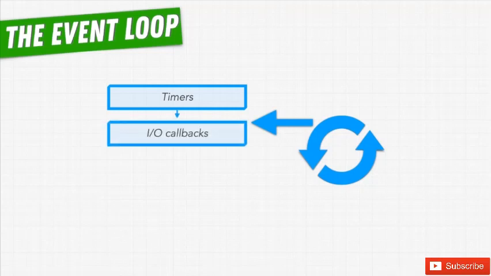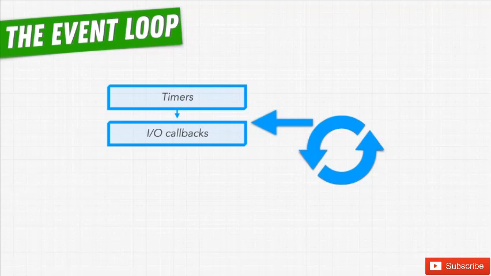We're still in the first iteration of the event loop, or what we call the first tick of the event loop, and we're now dealing with all of our input-output callbacks. This is the majority of all your callbacks in a real-life Node application.